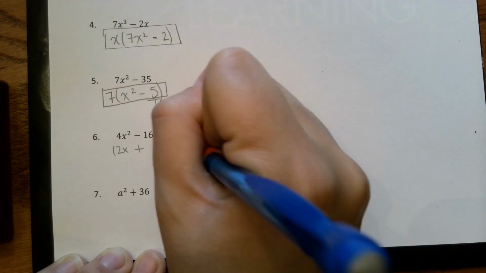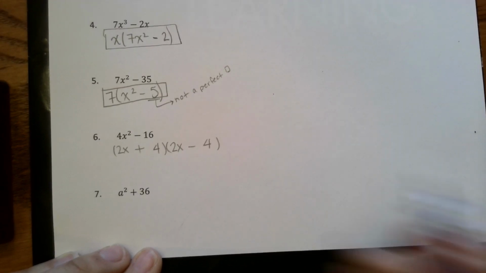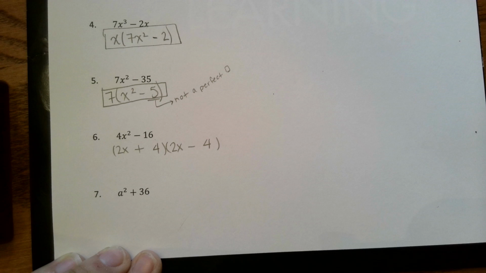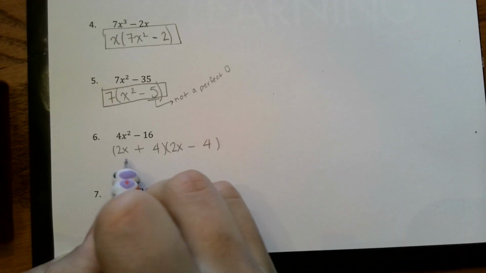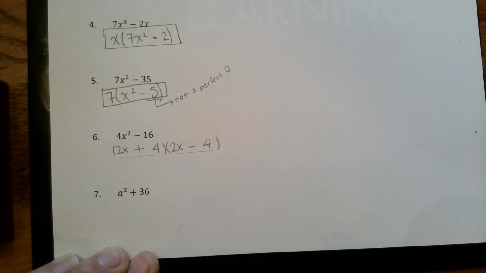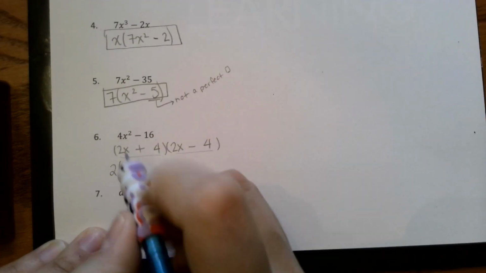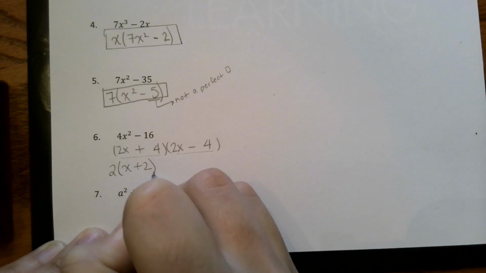One's positive, one's negative, because the square root of 4x squared is 2x, the square root of 16 is 4. However, both binomials that we're left with have a GCF of 2. So we can pull out a GCF of 2, and we will get x plus 2.